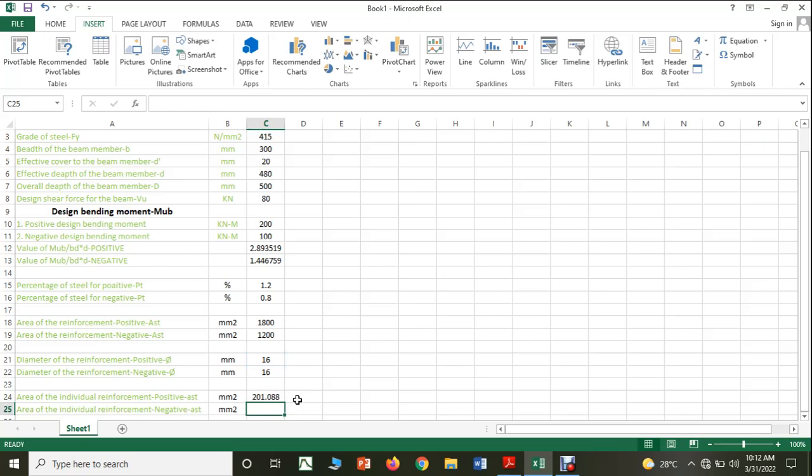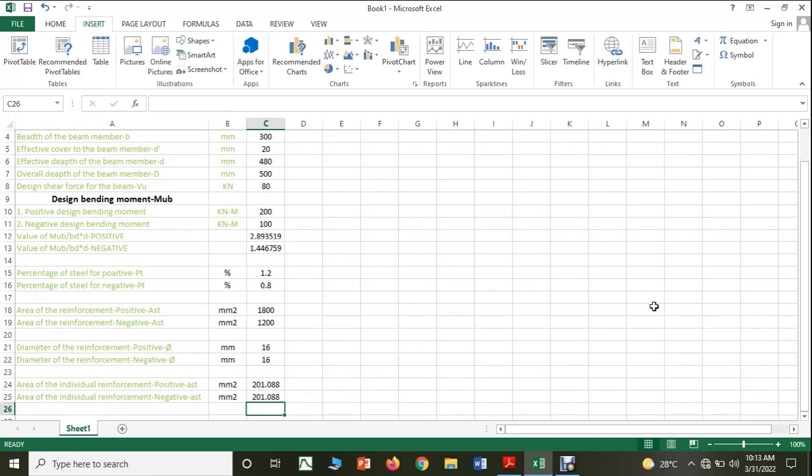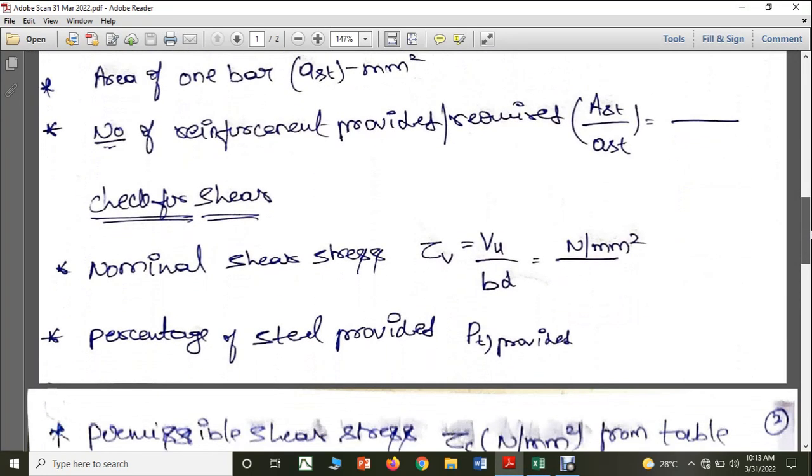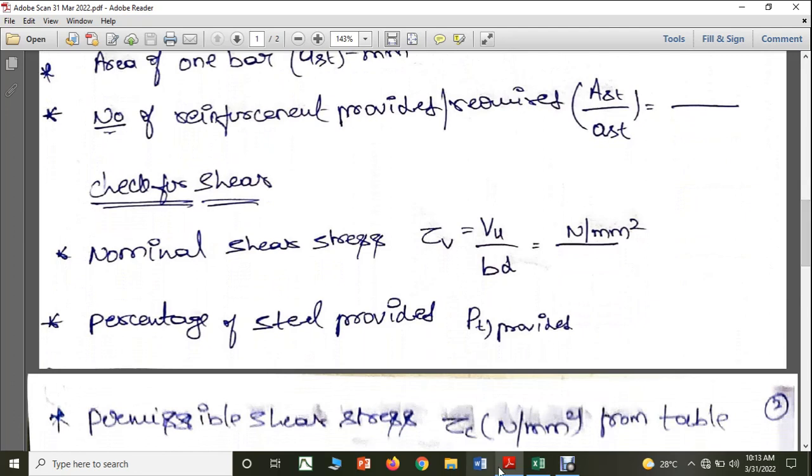Similarly it will be equal to 3.142 by 4 into 16 into 16, right? Yes, so that will be the individual area. The next thing you want is the number of reinforcement required.